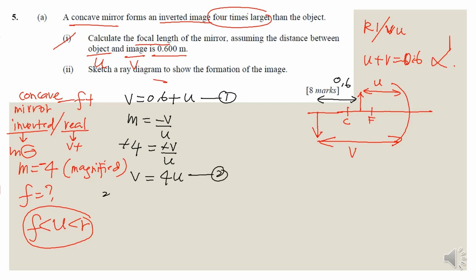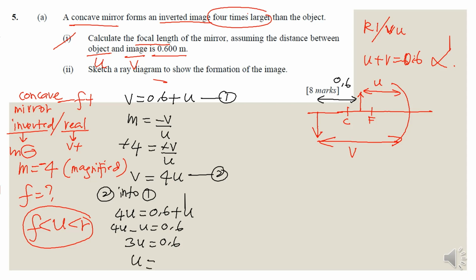So substitute 2 into 1, awak akan dapat 4U equal to 0.6 plus U. So 4U minus U equal to 0.6. Kita dapat 3U equal to 0.6 dan U kita adalah 0.2 meter.